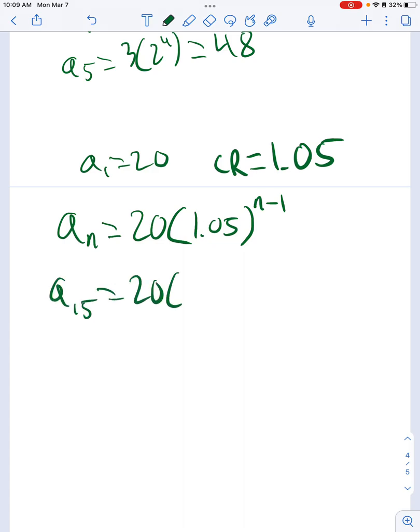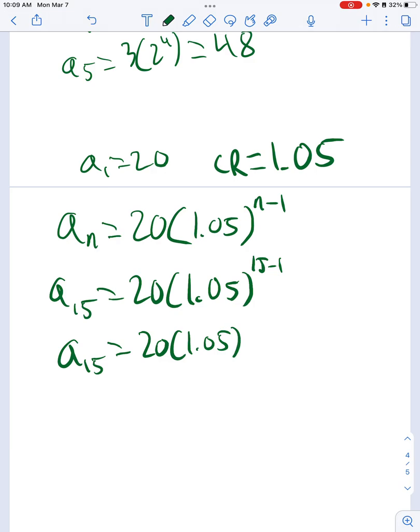If I was looking for the 15th term, I would do 20 times 1.05 to the 15 minus 1, so 1.05 to the 14th power, which is approximately 39.599.